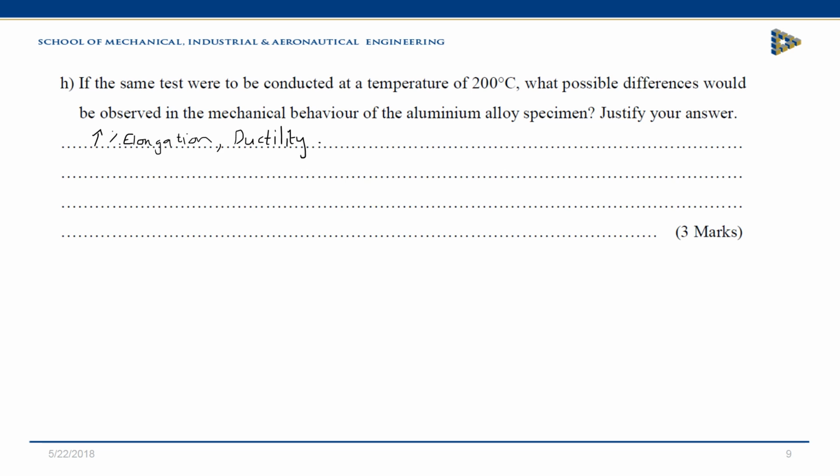And we also know that our yield strength is going to go down, our UTS is going to go down, and our modulus is going to decrease. And the reason for this is that, firstly, the dislocation density is decreasing. And secondly, our grain size is changing. So it's getting slightly bigger. And that results in the material properties changing.